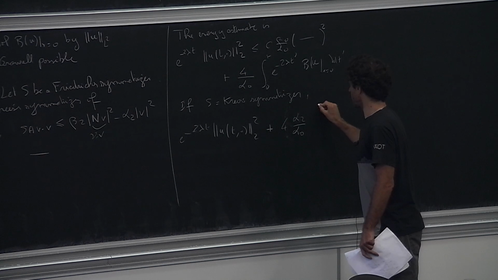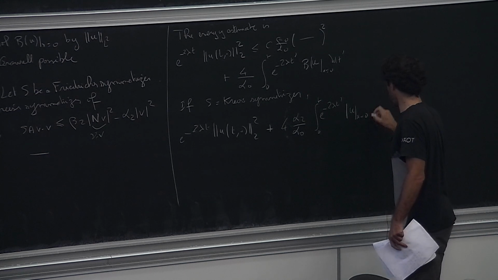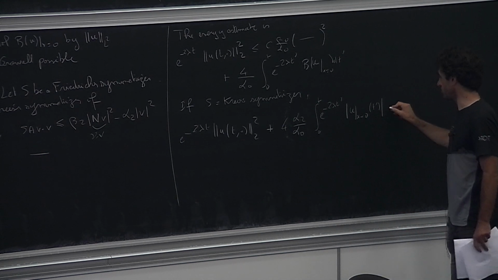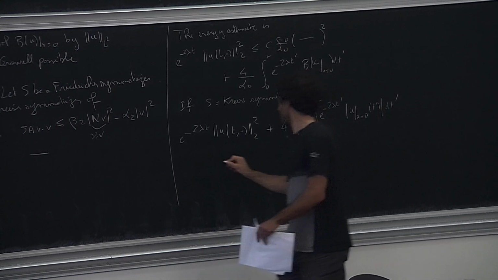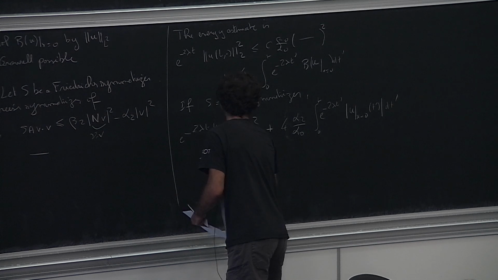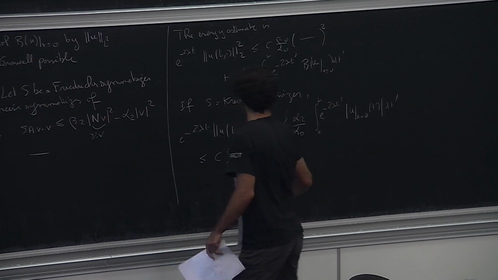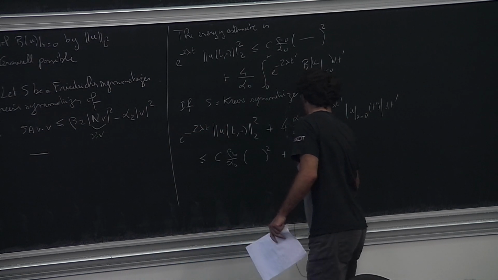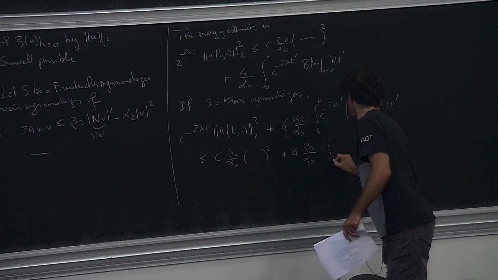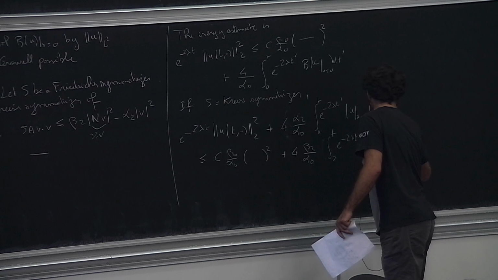And I should put the integral from 0 to t of exponential minus 2 lambda t prime times the trace of u at x equal to 0 of t prime, the absolute value, it's not a norm, dt prime, is controlled by the same quantity as in the case without boundary, and I have a new term, g integral from 0 to t of exponential minus 2 lambda t prime g of t prime dt prime.